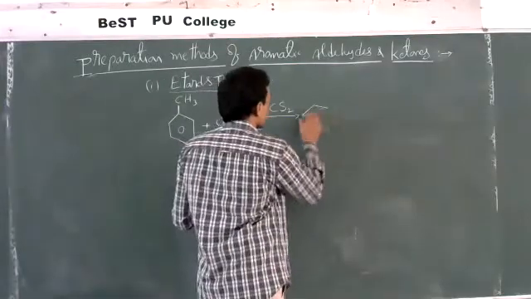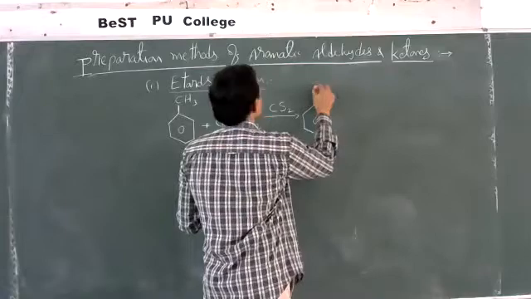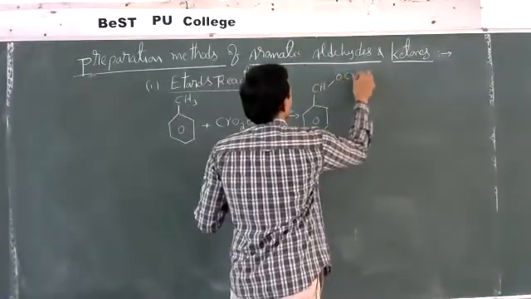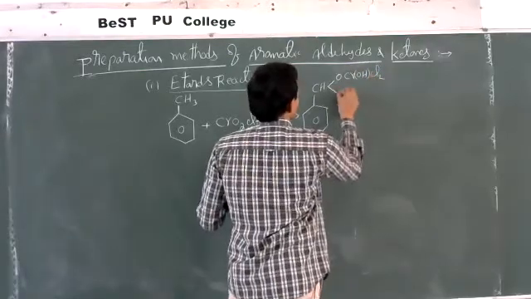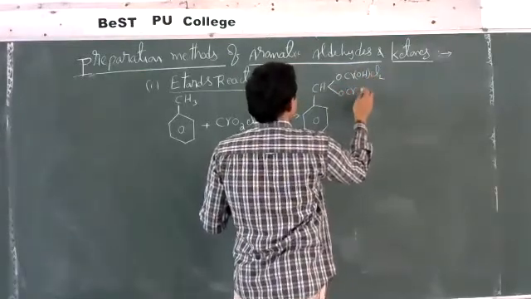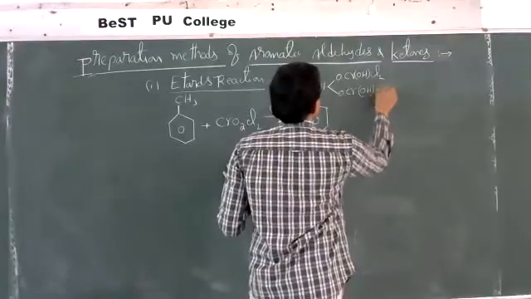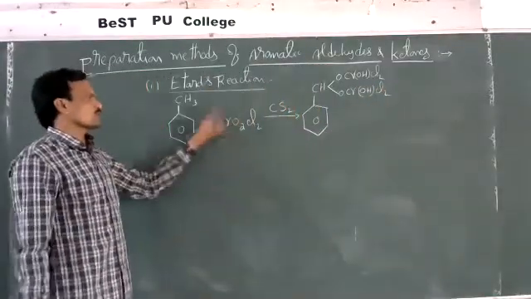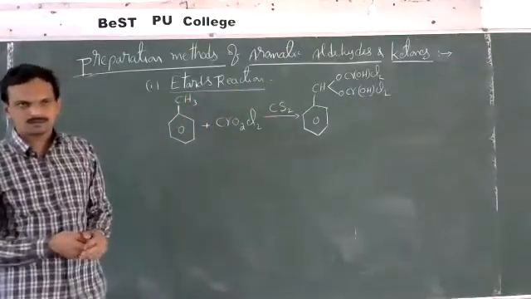Then here what you will get is CH(OCrOHCl2) and one more OCrOHCl2. Just addition of chromyl chloride to toluene takes place and we get a complex.